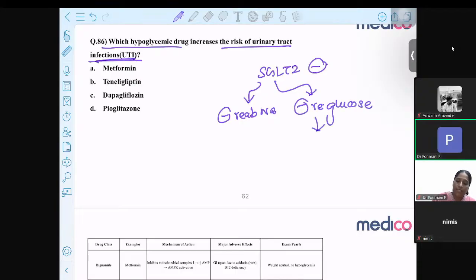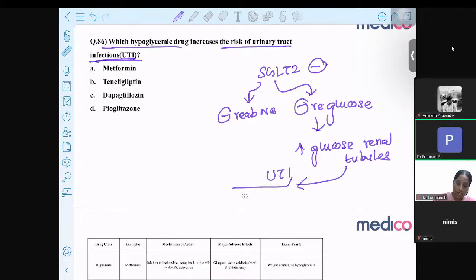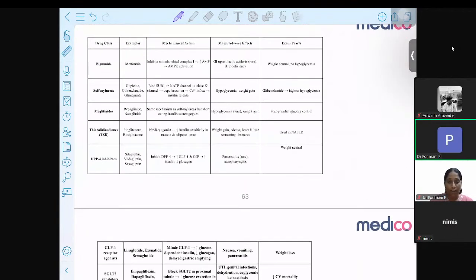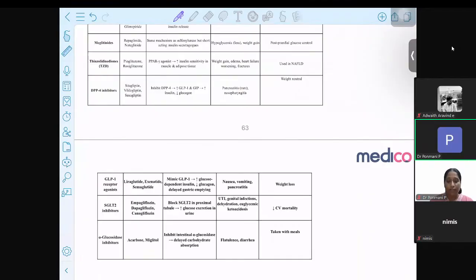So when it inhibits the reabsorption of glucose, more glucose will be there in the renal tubules, and this is going to attract microbes and cause UTI. Where is this situated? It is situated in the proximal tubule of the kidney. So among these, which is the SGLT2 inhibitor? It is dapagliflozin. Again, I have put the same table if you want to revise it.